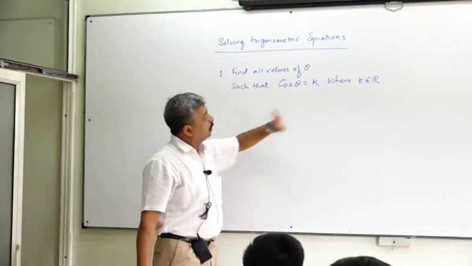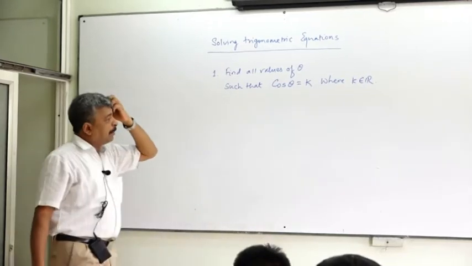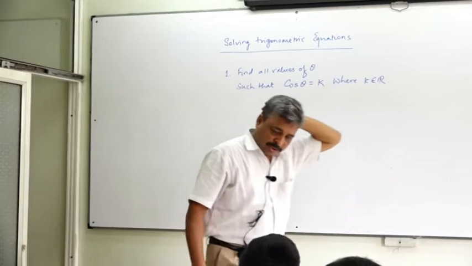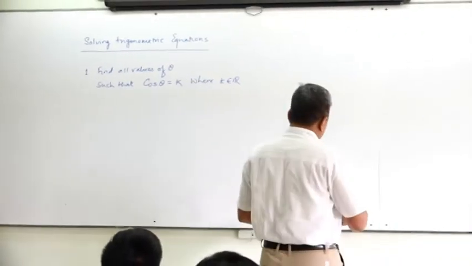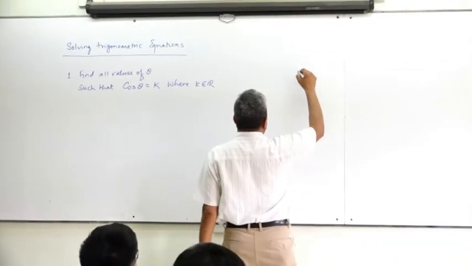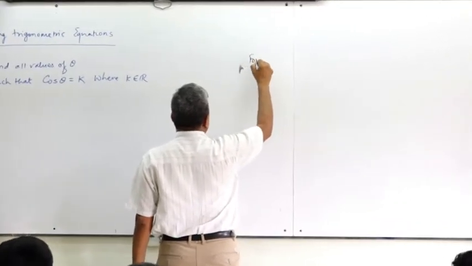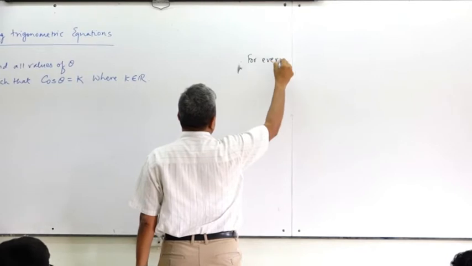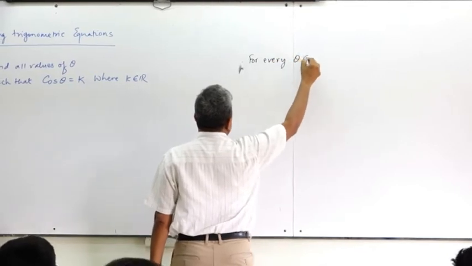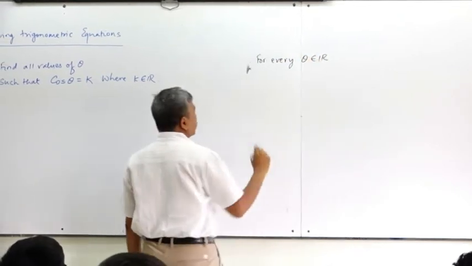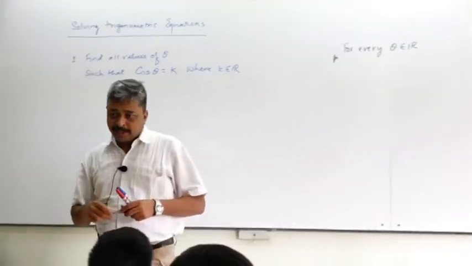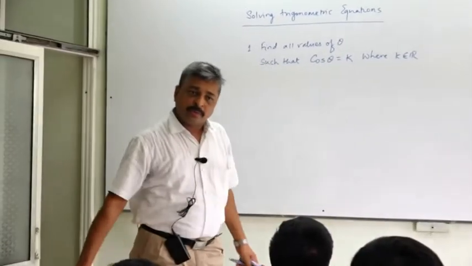So now we have drawn graphs yesterday. Sin theta, cos theta graphs we have drawn. So what is our observation? For every value of theta belonging to R, what was the maximum value of sin theta that we have achieved? 1.